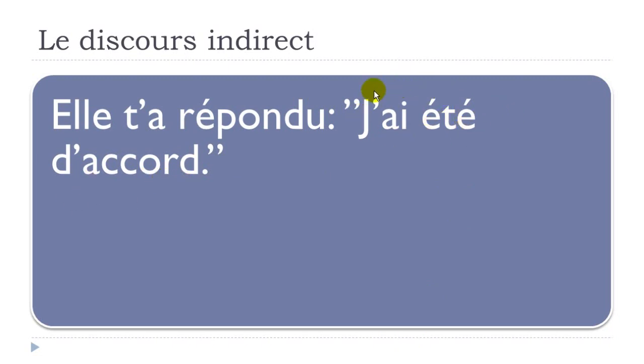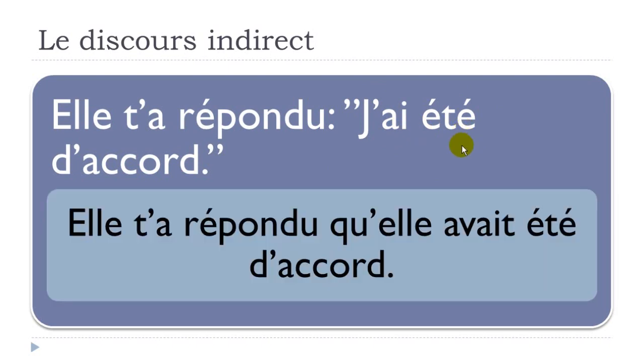And so, j'ai été, this is the passé composé, j'ai été d'accord. So that's the thing that we'll have to change, and we'll have to modify it and put it at the, like here, elle avait été. We'll put that at the plus que parfait. So we get, elle t'a répondu qu'elle avait été d'accord.